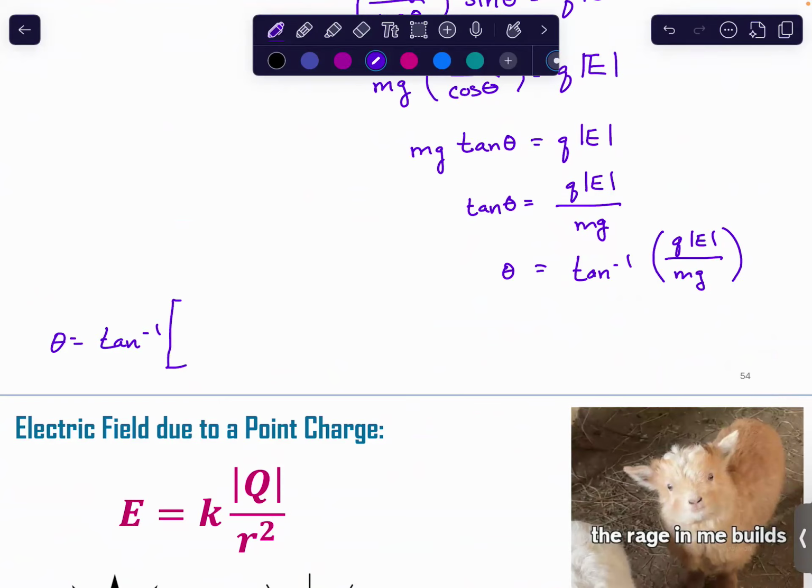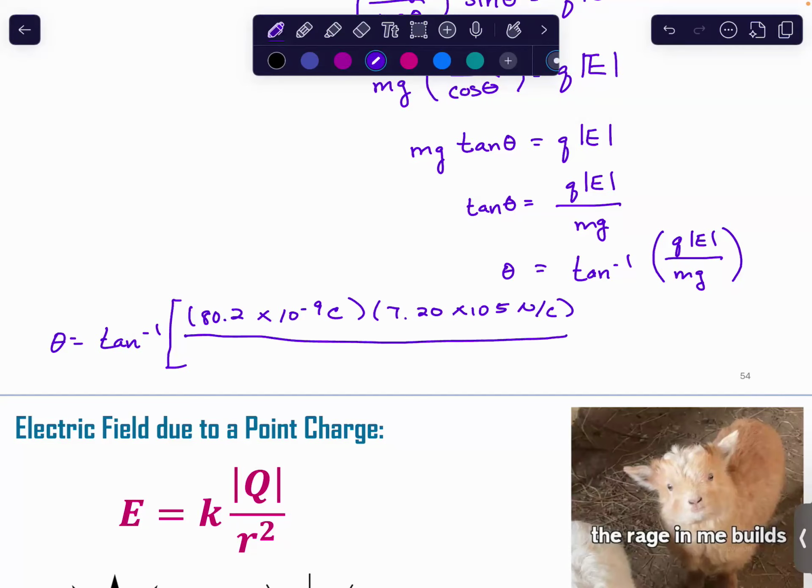Well, your charge is going to be 80.2 nanocoulombs. So that's just 80.2 times 10 to the negative ninth coulombs. Your electric field, 7.2 times 10 to the fifth newtons per coulomb, over 0.0051 kilograms.